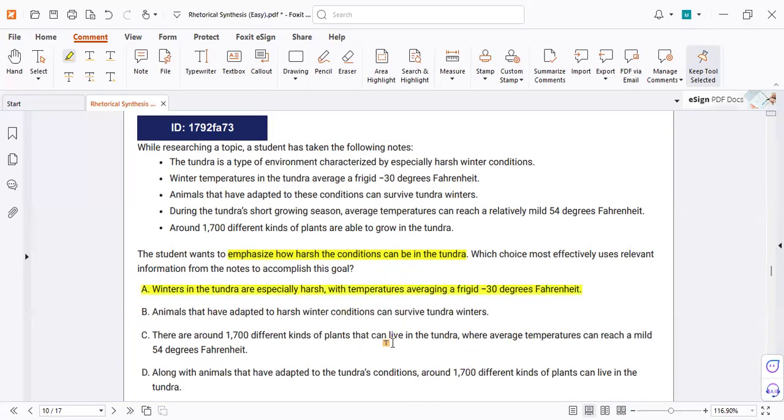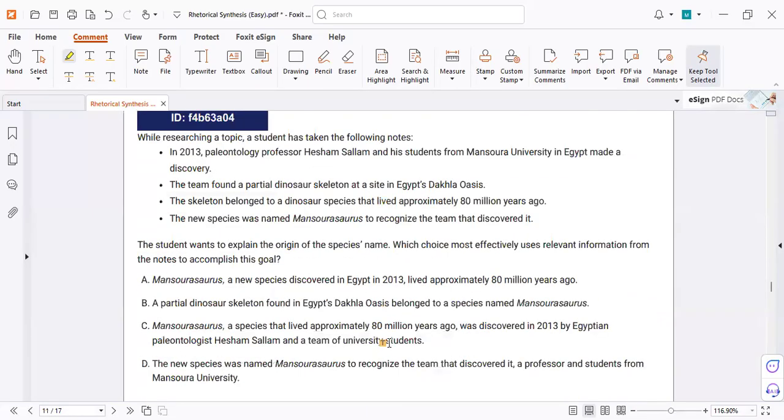Perfect. Okay. Origin of the species name.